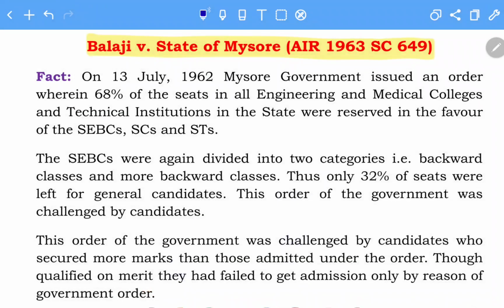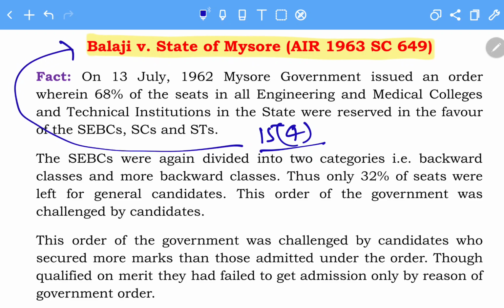When you start a discussion on Article 15 clause 4, this case is a must part of the discussion, always to be discussed with the help of Balaji versus State of Mysore. So let's see what the facts of this case were and why this case is so important.